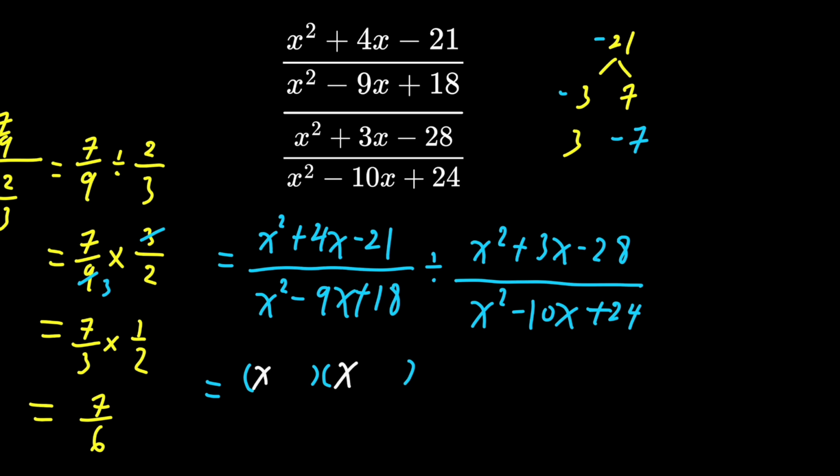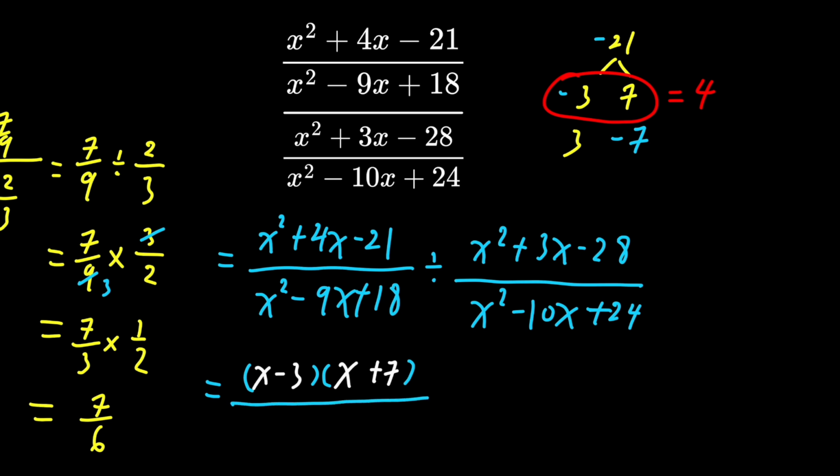So in this case, the larger number is 7 and the smaller number is 3. So 7 must be positive, so we're going to use these two numbers and add them together to get positive 4. So yes, we can use these two numbers. It's going to be negative 3 goes here and positive 7 goes here.